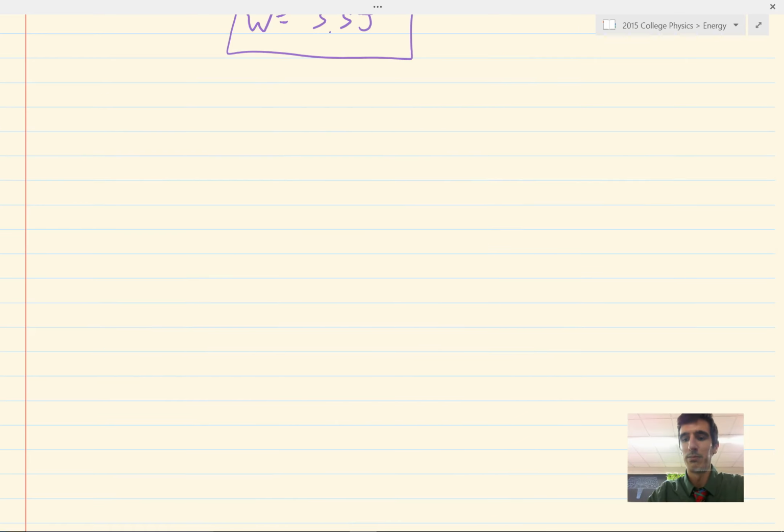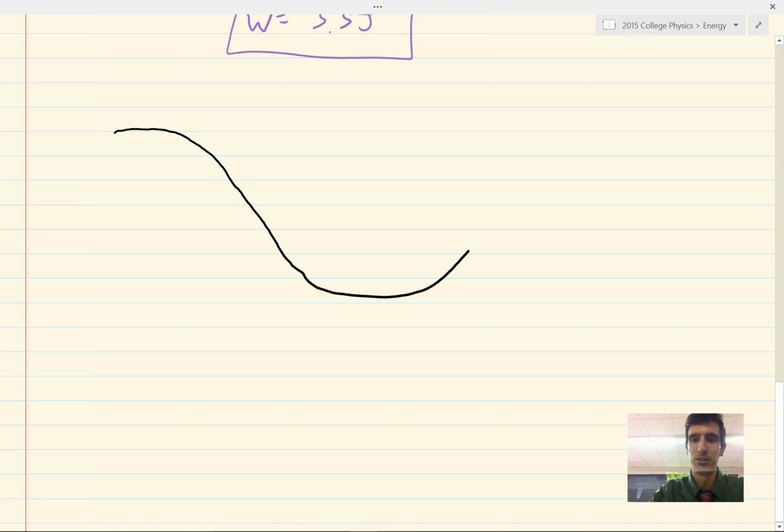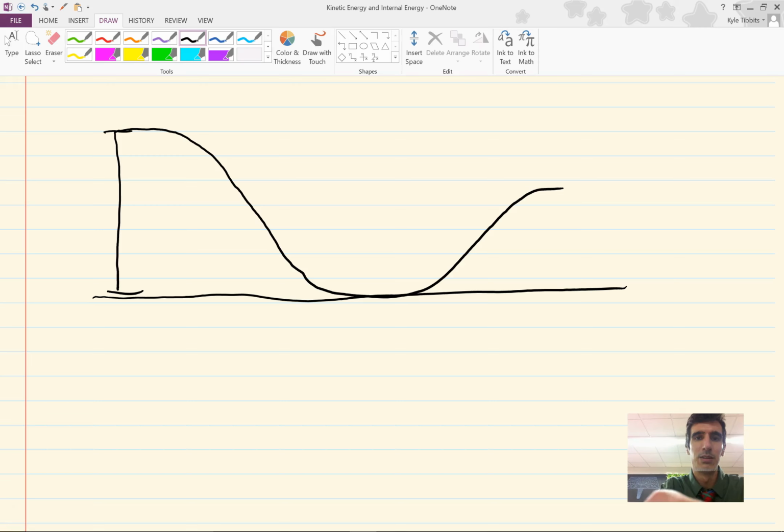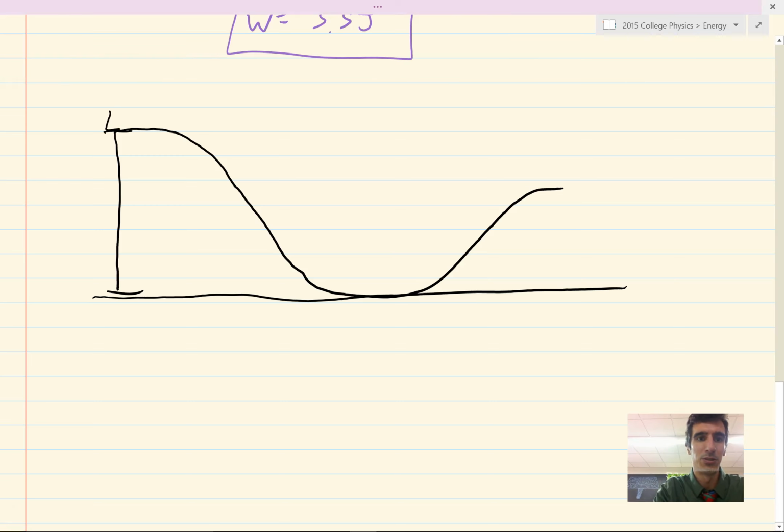So now let's combine work, potential energy, and kinetic energy to look at the classic roller coaster scenario. So we've got a roller coaster way up here, goes down and goes up, not quite to the top. And we'll say the bottom is the ground level, and this is the max height. And we'll look at 3 scenarios of the roller coaster.